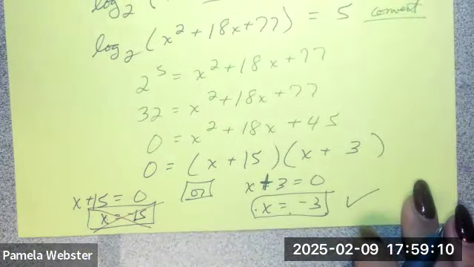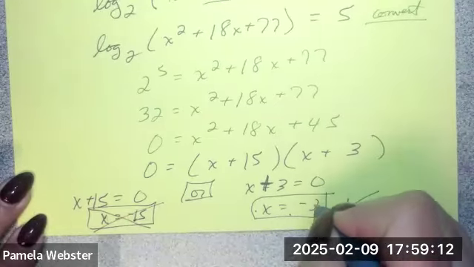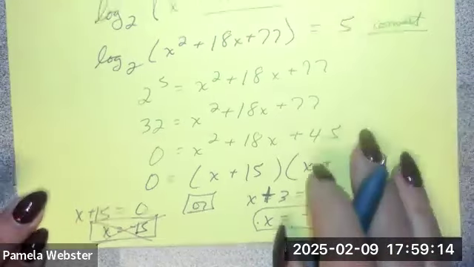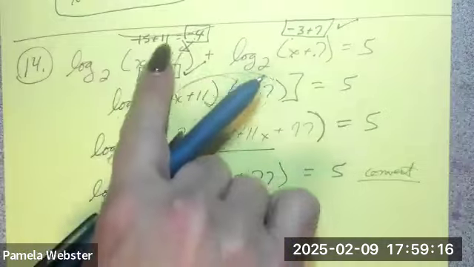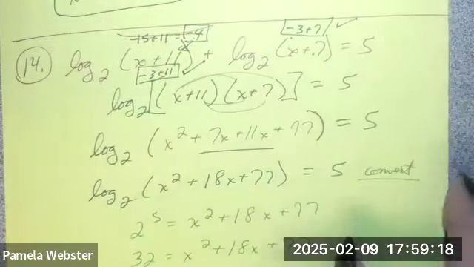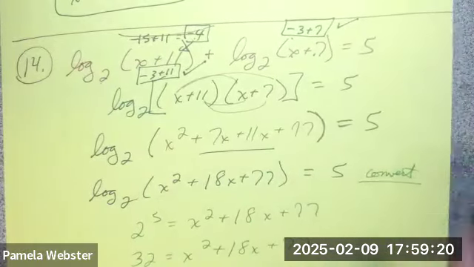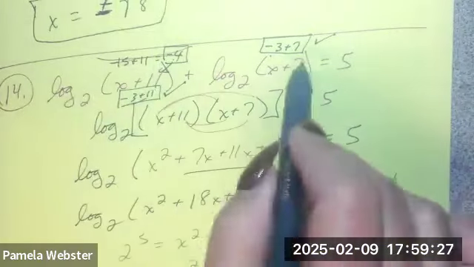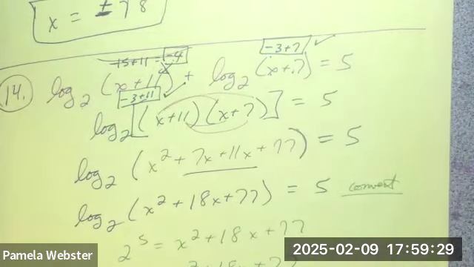X equals -3 here actually does work. It works because of this adjustment step inside of the logarithm that's going to make me be taking a log of a positive number. Even though I'm putting in -3, once I do this arithmetic in here, I'm taking the log of a positive number. So it works. X equals -3 is your answer there.